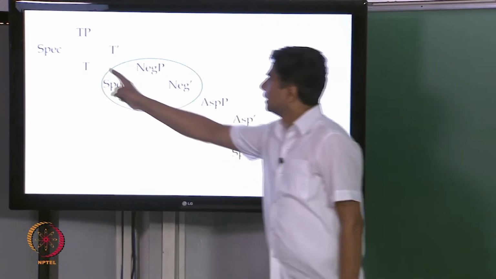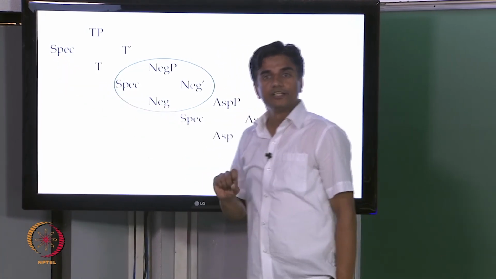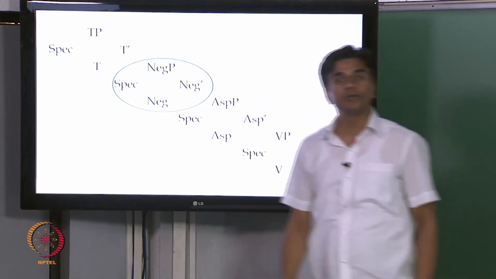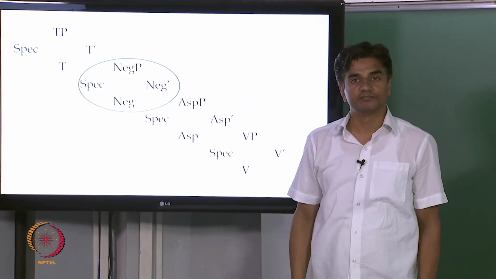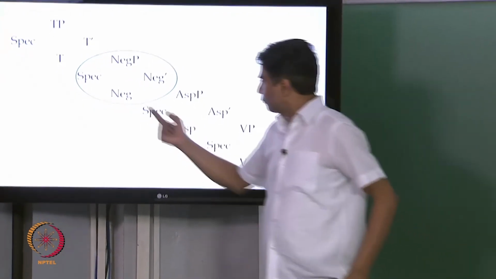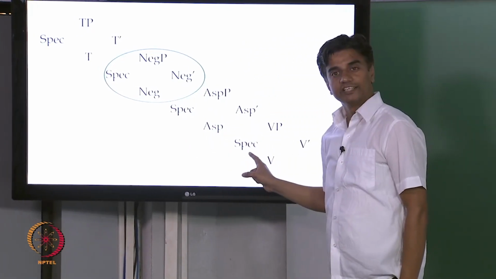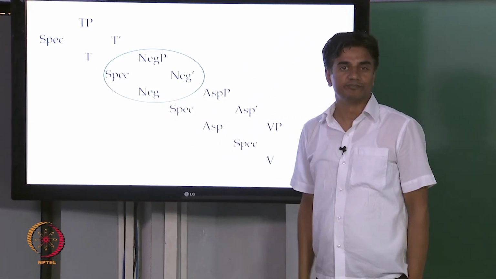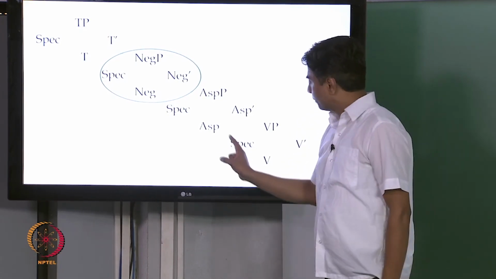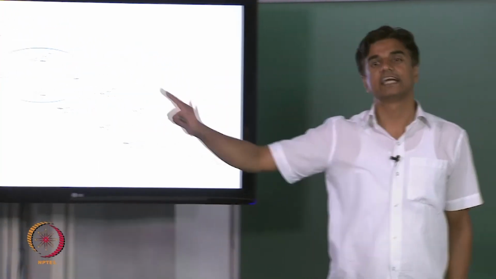If we allow the subject to be in the spec of TP, then we know that spec of TP is not in the C-commanding domain of negation, and we need to say something else. But if we allow the subject to originate here, then it's in the C-commanding domain, and we have a convincing logic to say that before it moves for anything, the licensing has already taken place.